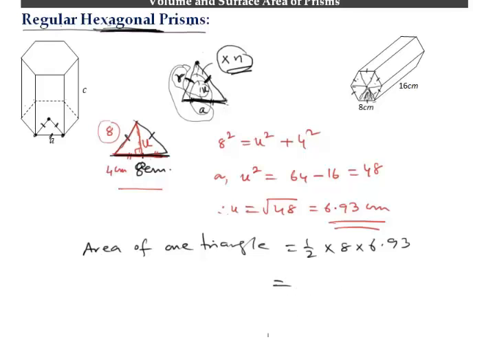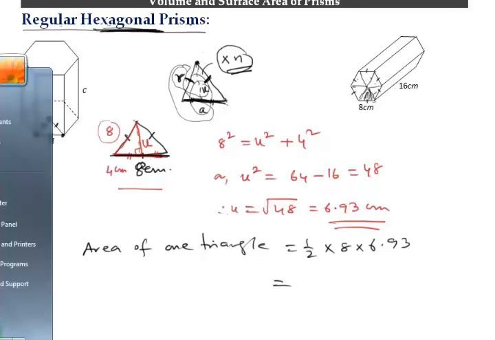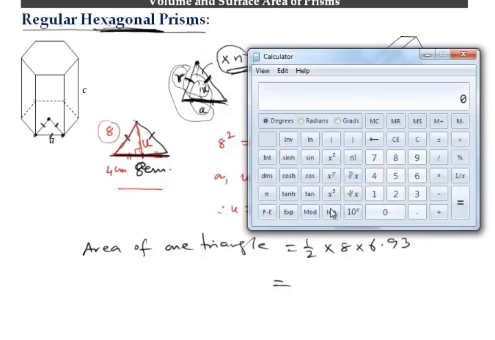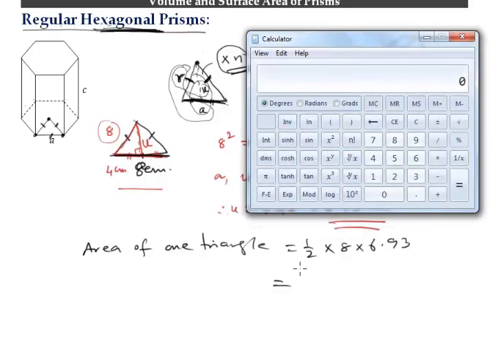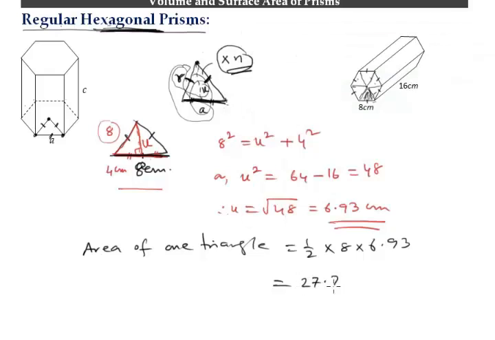Let us calculate it. Half of 8 is 4, so 4 times 6.93 is 27.72 centimeter square. So one triangle's area is this.